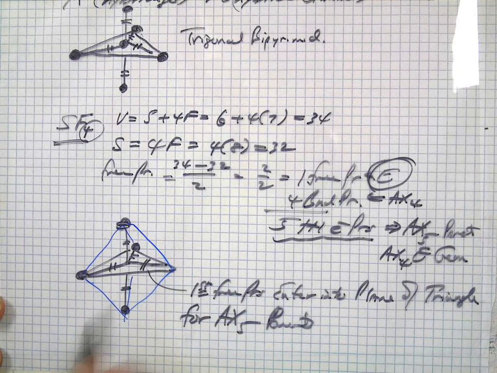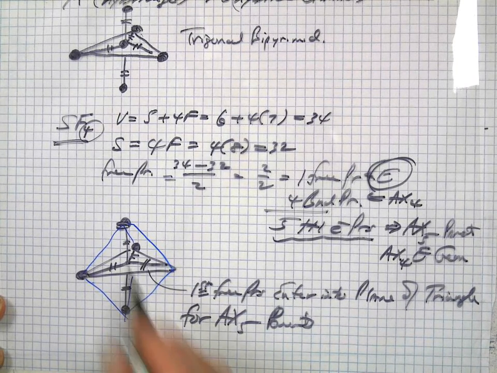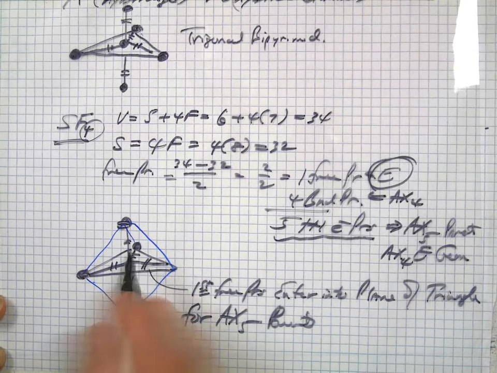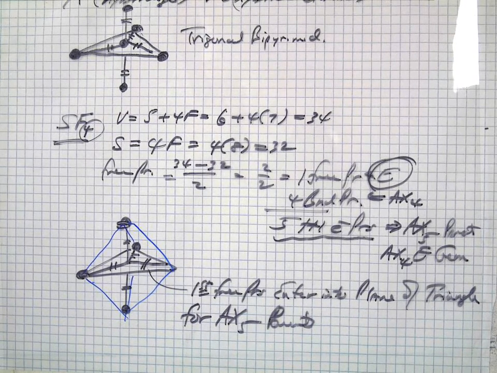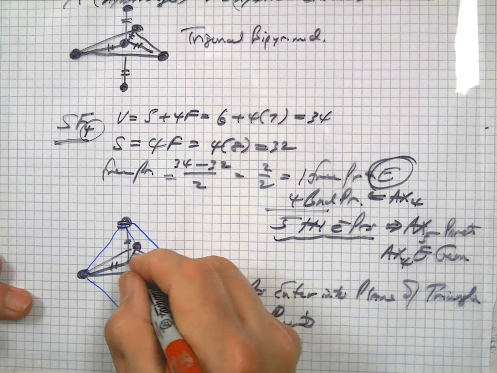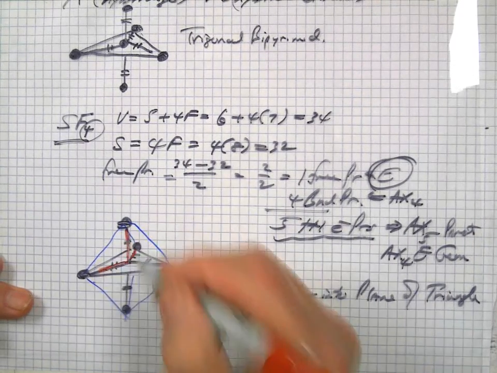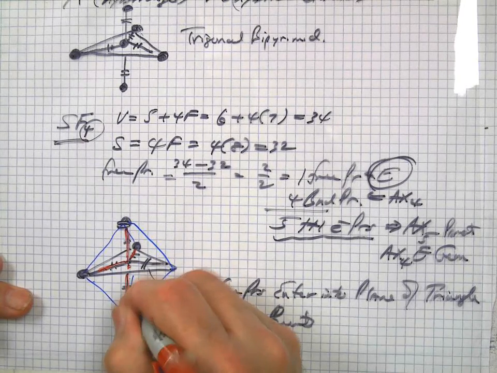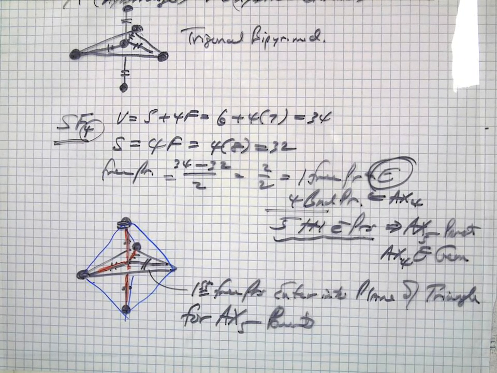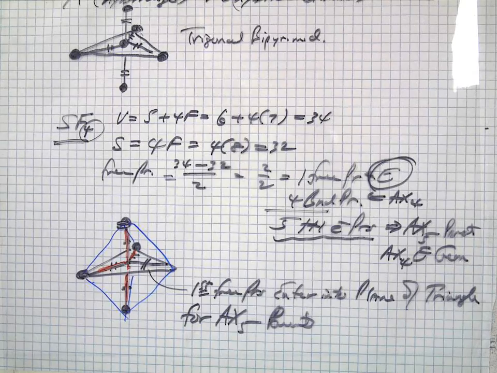So this molecule is called, let me see if I can get some perspective in here. This is a bonded pair. The red is a bonded pair. This is a bonded pair, and this one is a bonded pair. Geometry is based on only the bonded pairs, not the free pairs.